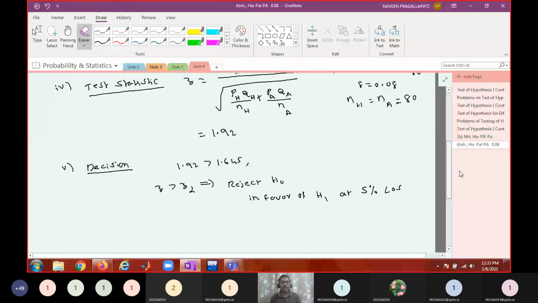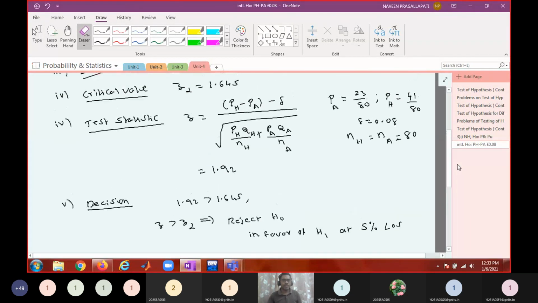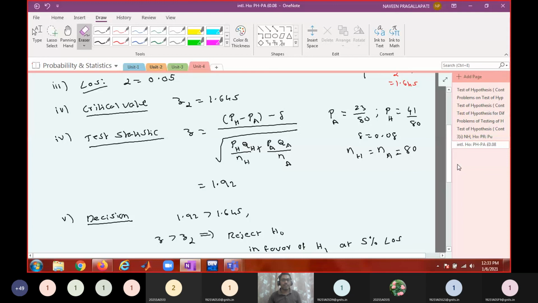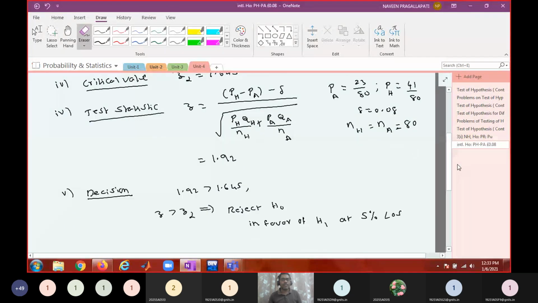They may simply mark it wrong, because they will think that only equality should be there in the null hypothesis. Not necessarily true. It can be equality, or less than or equal to, or greater than or equal to. Is that okay?